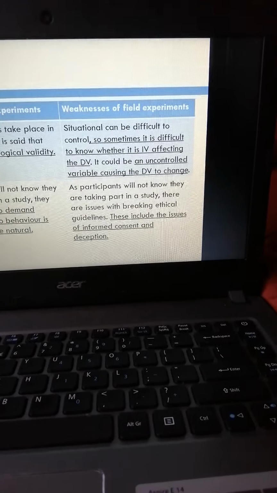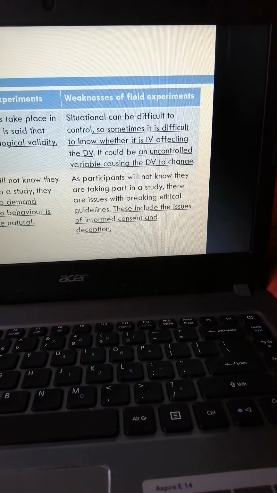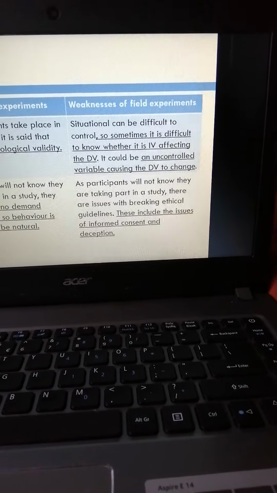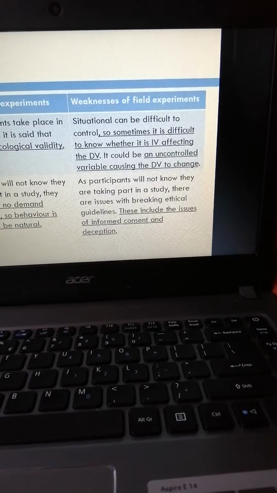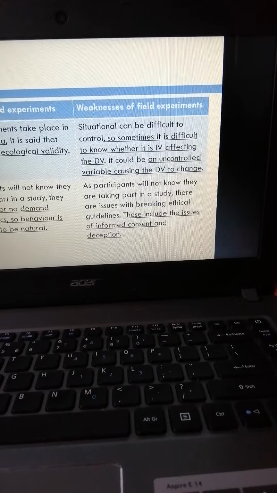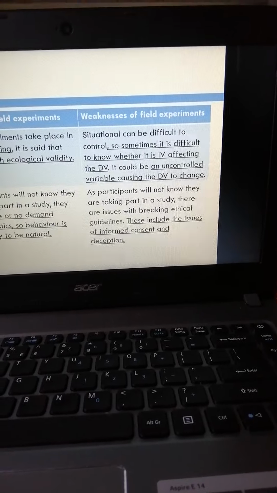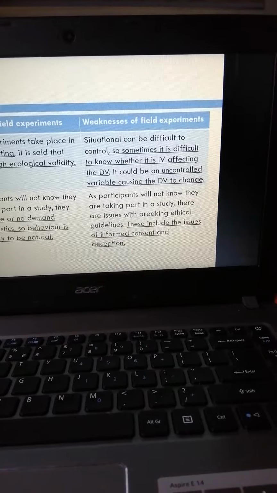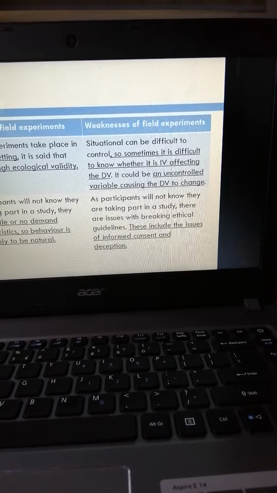Okay, and the other one is, as participants will not know they're taking part in a study, a lot of ethical issues will be raised. For example, the issues can include no informed consent, and deception. As you all know, in order for the researchers to conduct a study, they have to follow ethical guidelines.